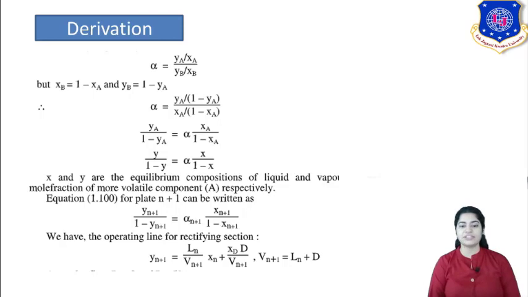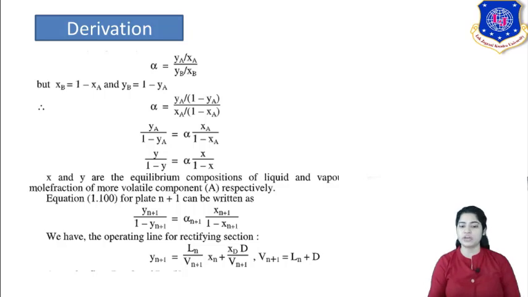So the derivation starts as, first of all, what is the definition of relative volatility? The first step is to write the expression of relative volatility. So it is Ya upon Xa whole upon Yb upon Xb. Now you are substituting Xb, writing everything in terms of A, with respect to the more volatile component.